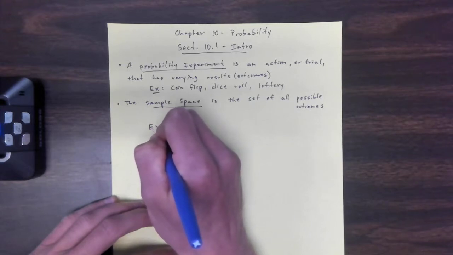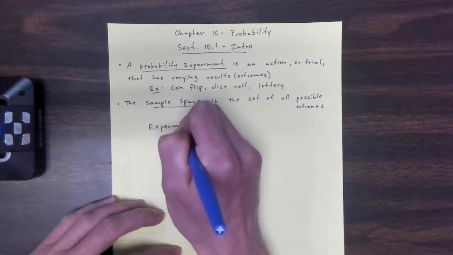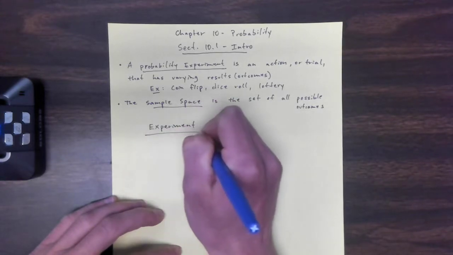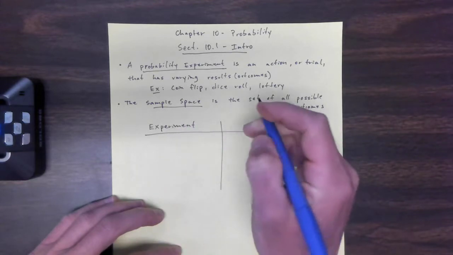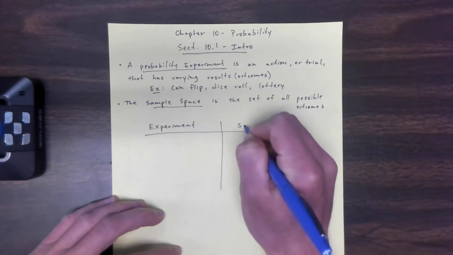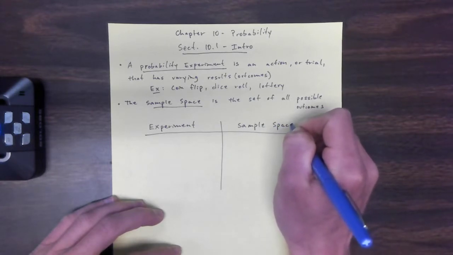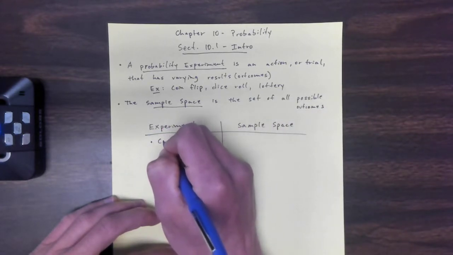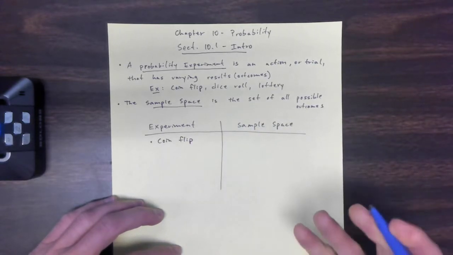So let's take a moment and make a table with two columns, not very big, but on the left side, the experiment, on the right hand side, the sample space. And a really basic one to start, a coin flip. What's the sample space for a coin flip?